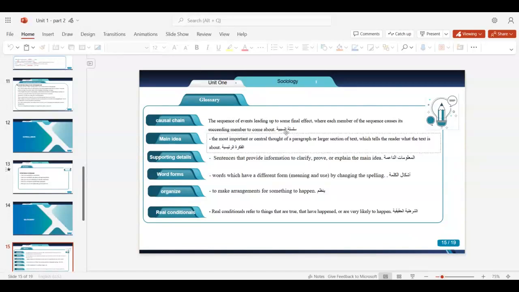Here it is mentioned in Arabic. All the things again: the main idea, al-fikratul raisiya, and supporting details, al-malumatul daima, we already discussed, and word forms too. We also discussed how to organize the arrangement of a paragraph. The last topic was real conditionals, with future and present, and how we make a real conditional. That's it.